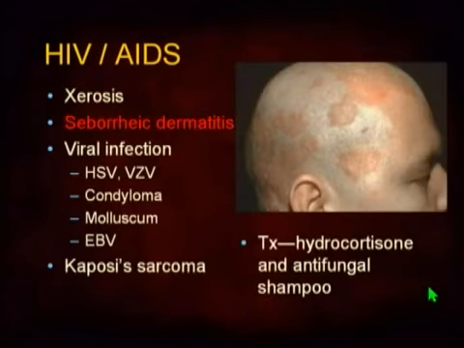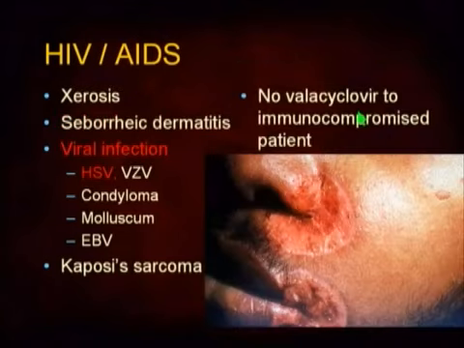Seborrheic dermatitis can be very severe in HIV-infected patients. Remember, we talked about that when we were reviewing seborrheic dermatitis at the beginning. And remember, one of the patients we saw had severe seborrheic dermatitis that was not responsive to standard treatment. So an HIV test is important. And remember, it looks like these erythematous patches with the silvery scale on there.